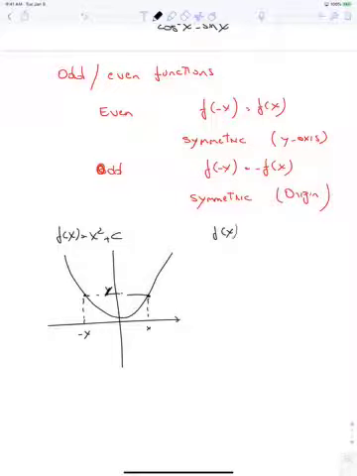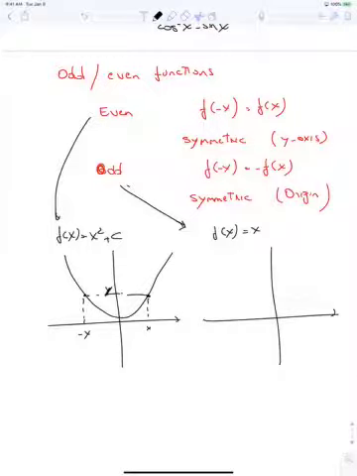And then an example of odd function is f of x equal x. Because the value in x is equal to minus the value in minus x.